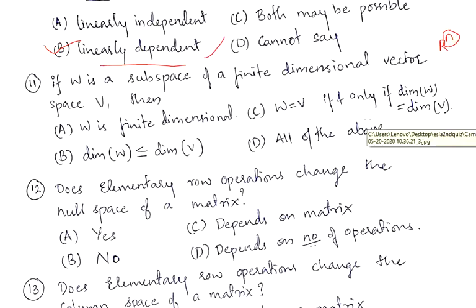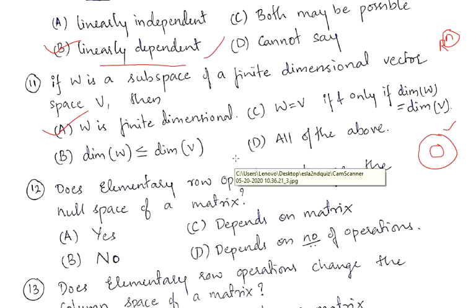Obviously, a subspace is nothing but a subset. If we consider the vector space as a set, then a subspace is a subset. So W is also finite. When this is finite, anything residing in the finite boundary is also finite. So A is true, W is finite dimensional.